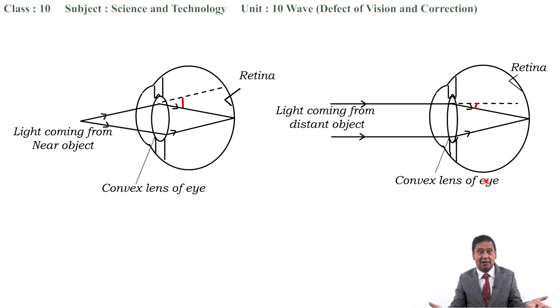It's very simple: if the convex lens of the eye cannot change its thickness according to the requirement, then we will have an eye defect. While watching a near object, if the convex lens cannot be thick, or while watching a distant object, if it cannot be thin, then we will have a defect of vision.